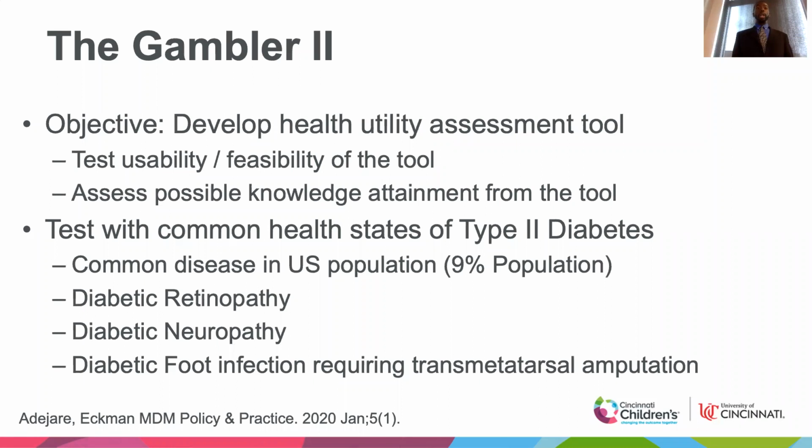We're going to test with common health states of type 2 diabetes, because type 2 diabetes is a common disease in the United States, and some of these health states, including diabetic retinopathy, diabetic neuropathy, and diabetic foot infection requiring transmetatarsal amputation, are ones they might be familiar with as a result of diabetes.